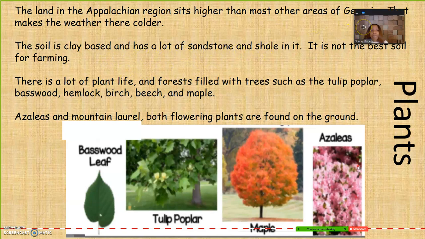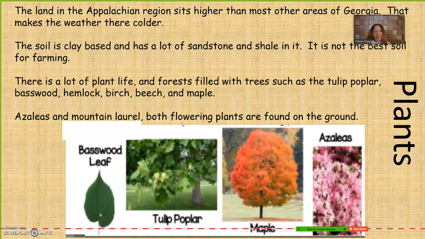So it is not the best soil for farming. And there is a lot of plant life and forests filled with trees such as tulip poplar, basswood, hemlock, birch, beech, and maple. Azaleas and mountain laurel, both flowering plants, which means that when they grow they produce flowers, are found on the ground.